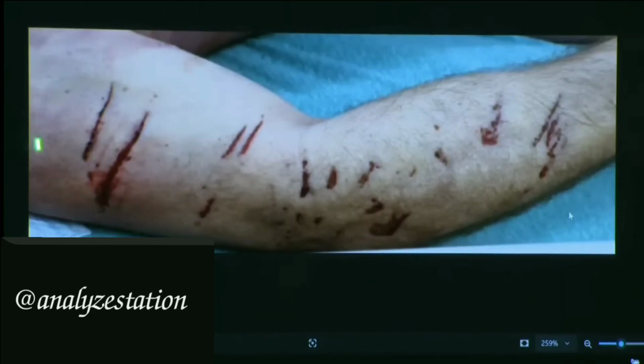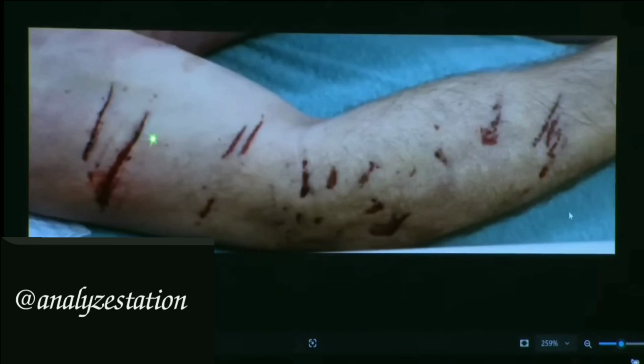So for instance, the set of wounds closest to the shoulder up here, and these, by the way, are all on the posterior surface of the arm, maybe this part is a little bit towards the medial, the lateral portion of the arm. But they're parallel. They're linear, meaning they look like a line, or they're not round.